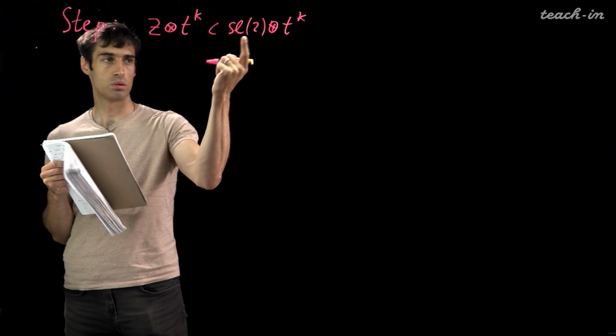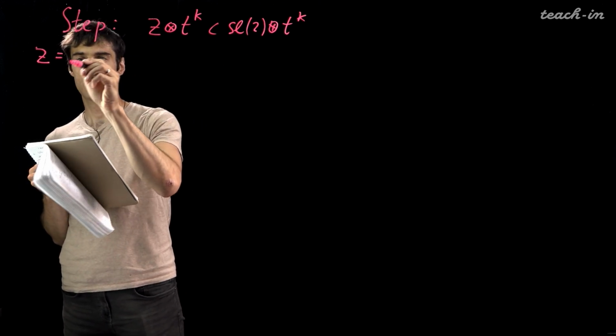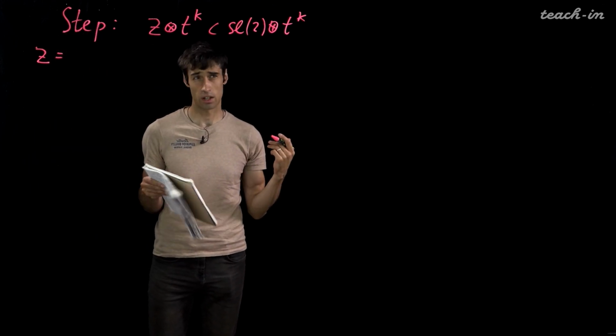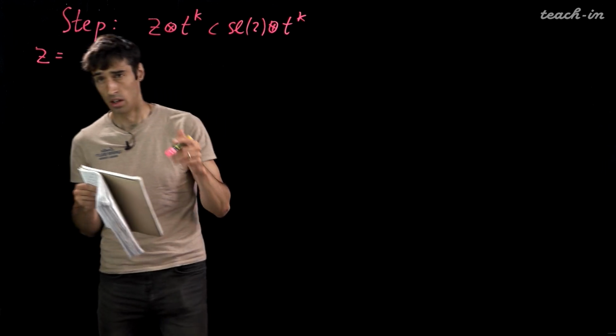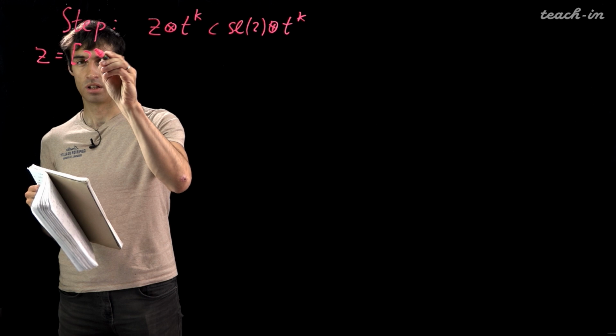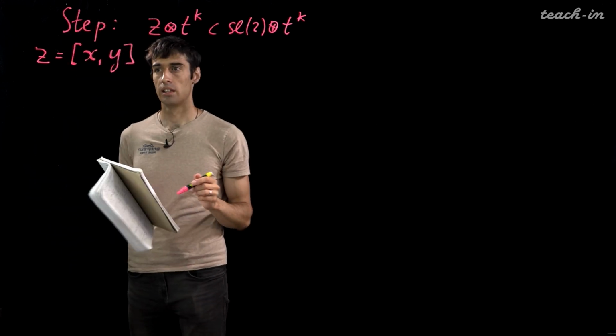Since SL2 is a simple Lie algebra, any element belongs to the commutant, and by linearity we can assume that Z is actually a commutator of two things, right?